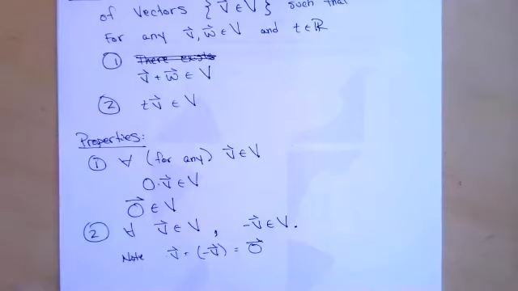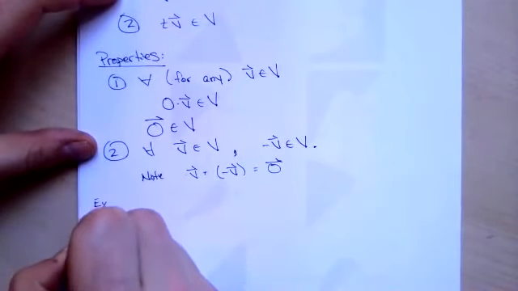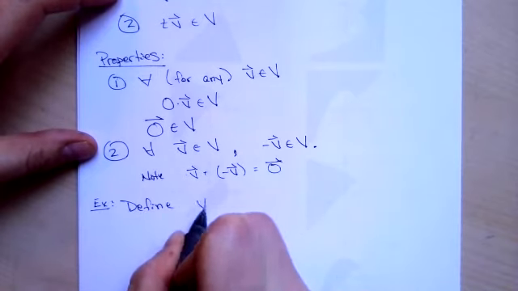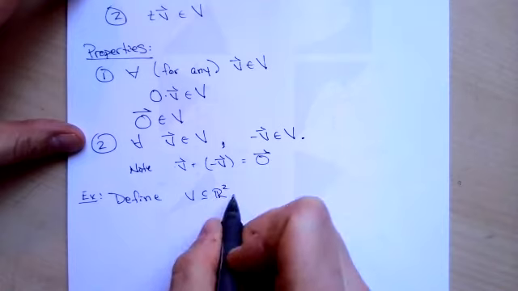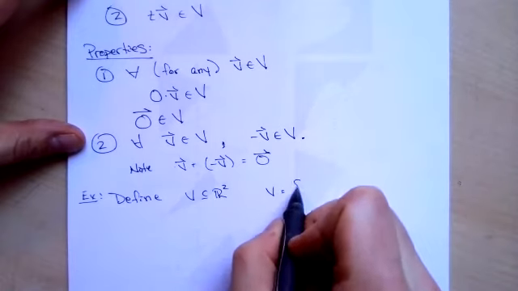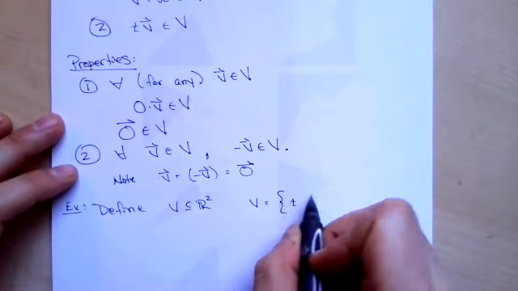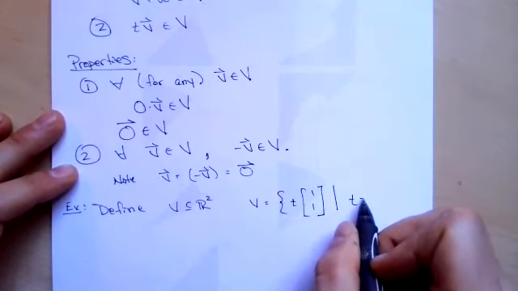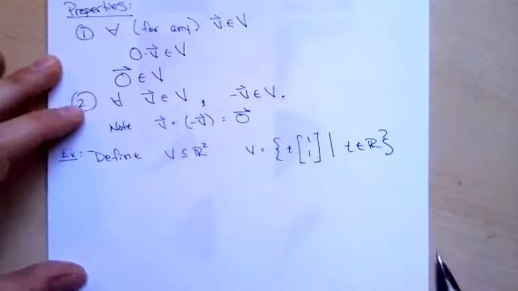So let's maybe do one example. I want to get you guys started on the exam here. Let's define V as a subset of R2, where V is equal to, let's say, all scalar multiples of the vector 1, 1. What does this mean?